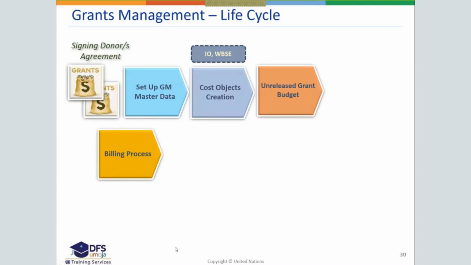The billing is just to receive the income into our system as a receivable, okay? And the only prerequisite for these two steps is that the grant is in status award of operational. Next step, release the grant budget.